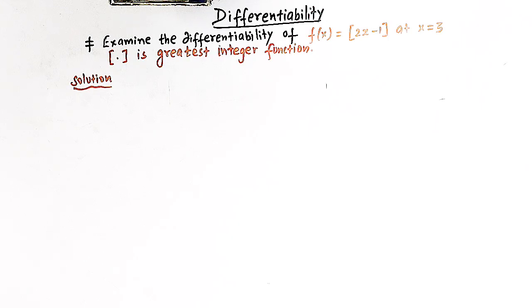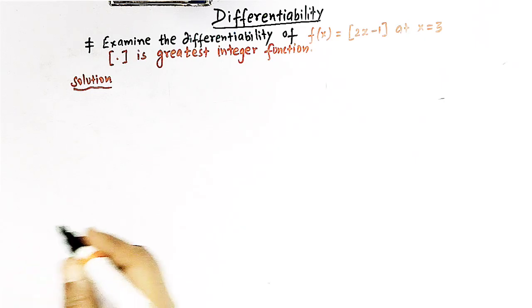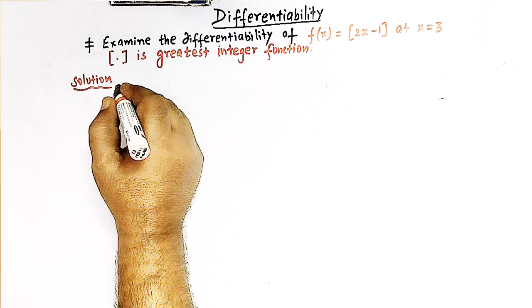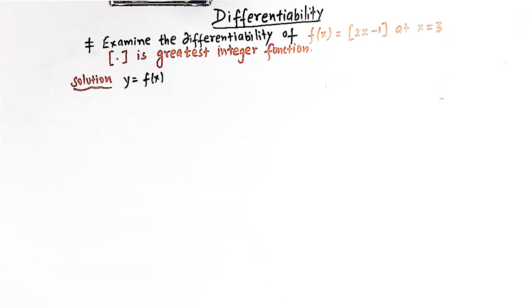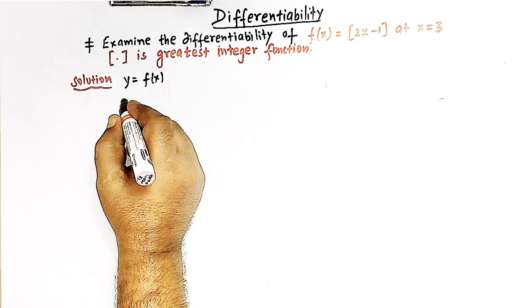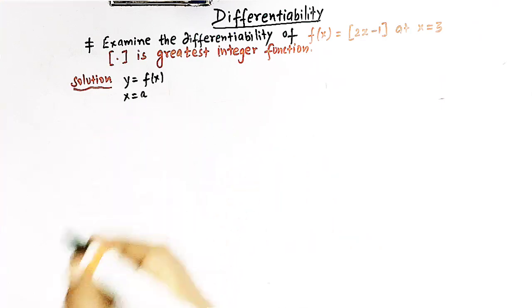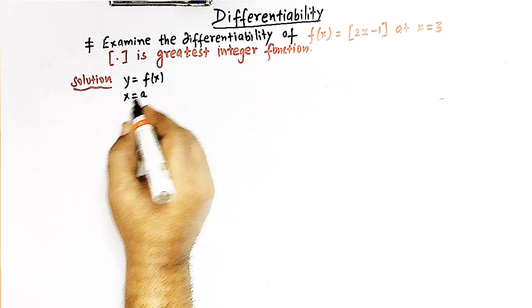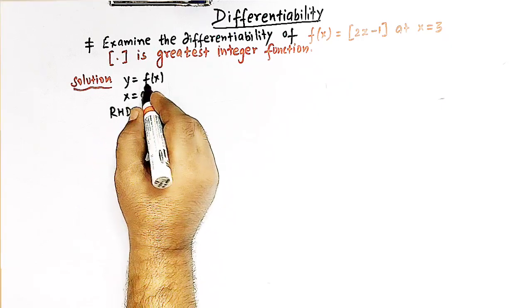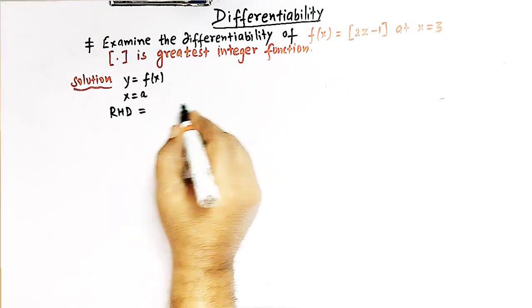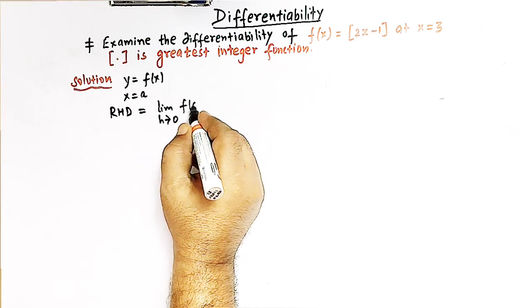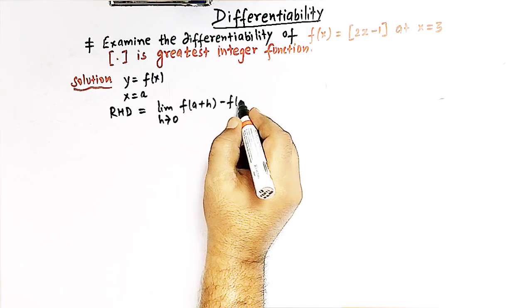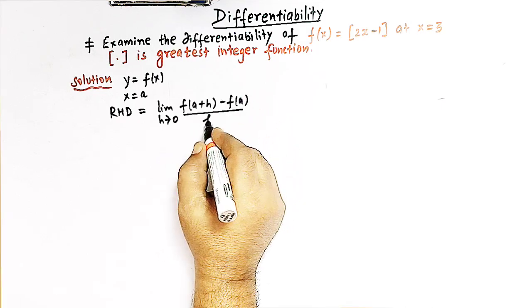So let us start. Let us first quickly see the definition of the right hand derivative and the left hand derivative. Now see, if we have a function, say y is equal to f of x, which is defined in some domain, and we have a point, say x is equal to a, then the right hand derivative of this function f of x is given by this limit, that is, limit h tends to 0 of f of a plus h minus f of a divided by h.